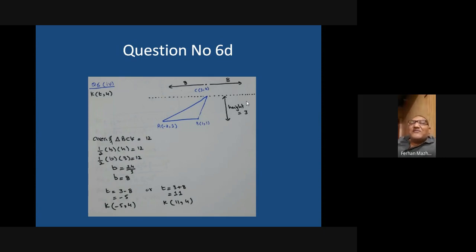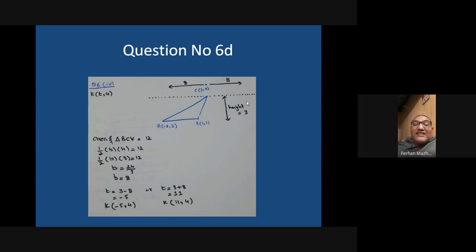C also has y value 4. So we put a dotted line there. So K can be on the right side of C, or it can be on the left side of C, depending upon the value of t. But it is sure that K is on that dotted line.